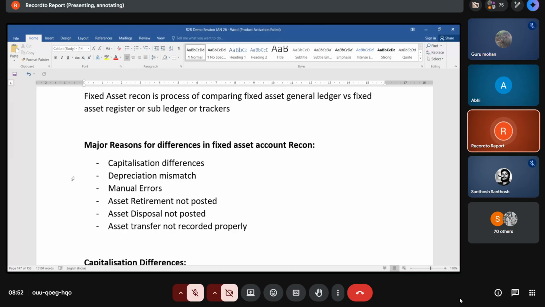So these are the various cases. Clear? Okay, guys, so this is about the fixed asset account reconciliation differences.